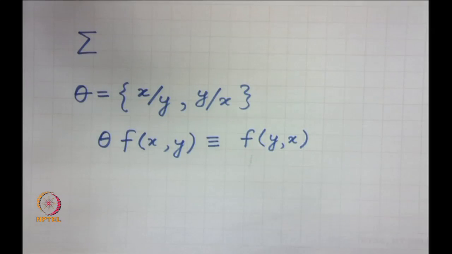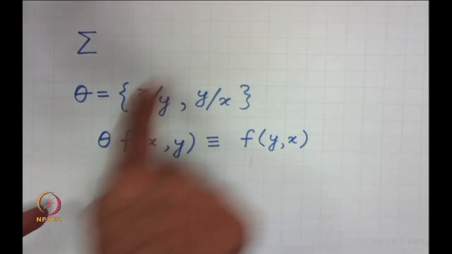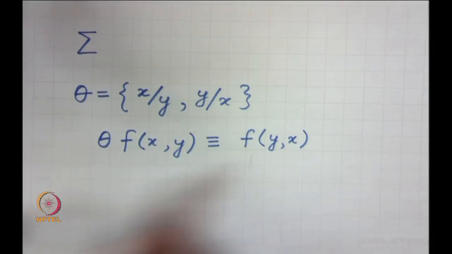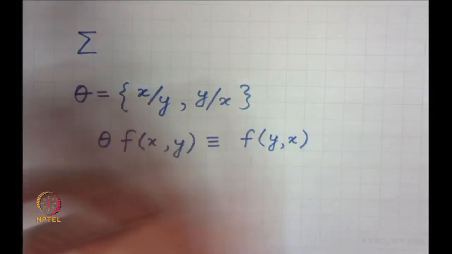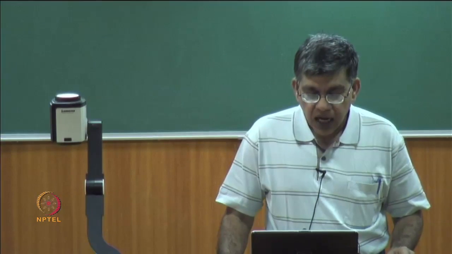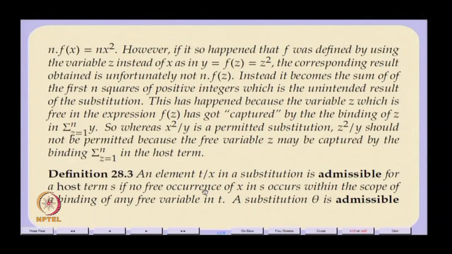Whereas, if there was some sequence, then you will most likely get f of x x or f of y y, you will not get f of y x, you will not be able to switch terms.